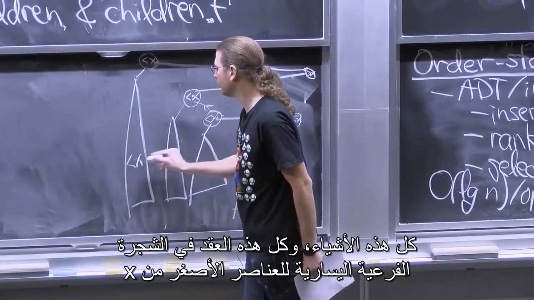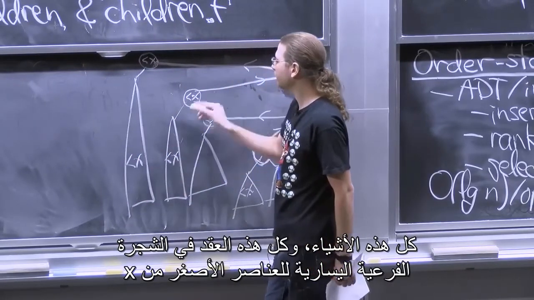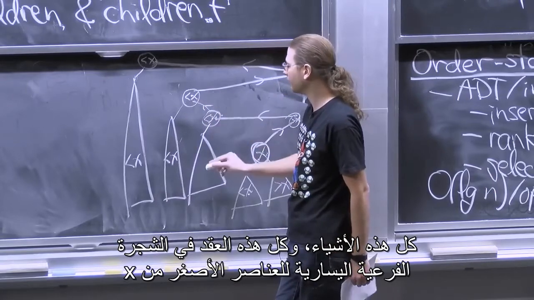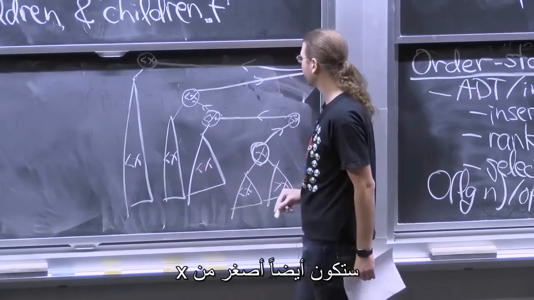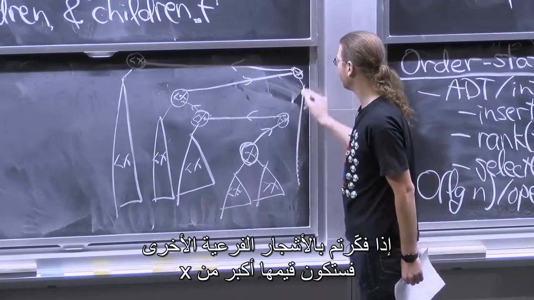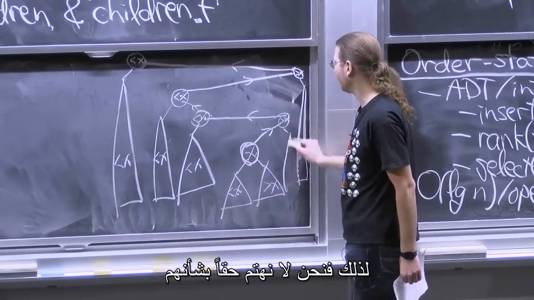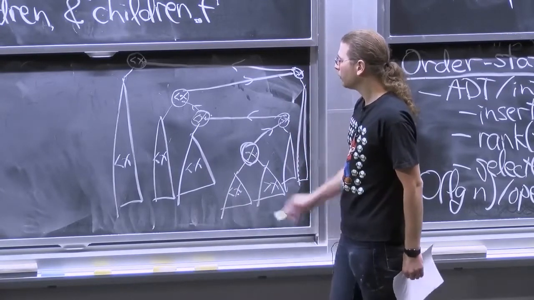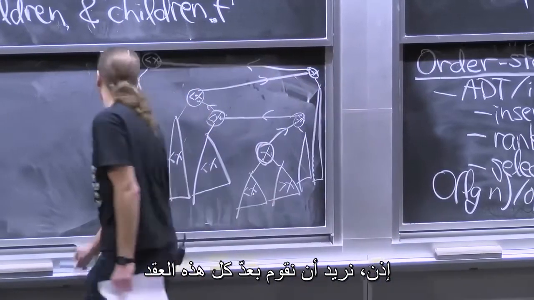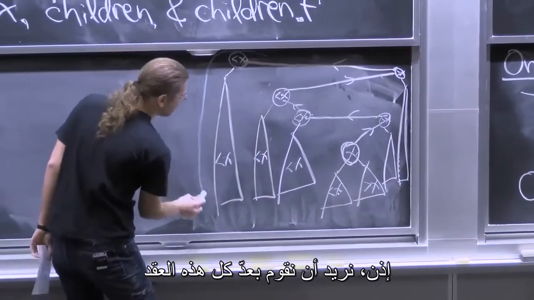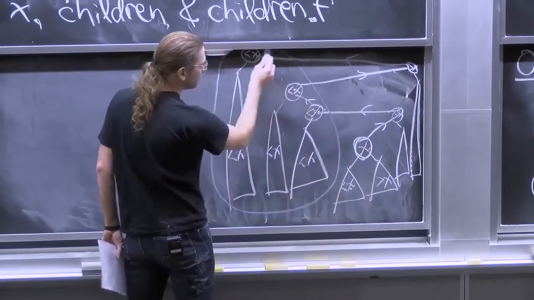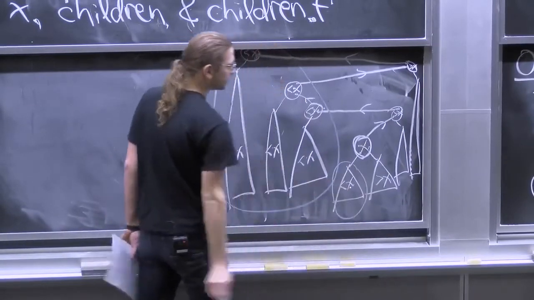So all of these nodes in the left subtrees of these less than x nodes will also be less than x. If you think about these other subtrees, they're going to be bigger than x, so we don't really care about them. So we just want to count up all of these nodes and all of these nodes.